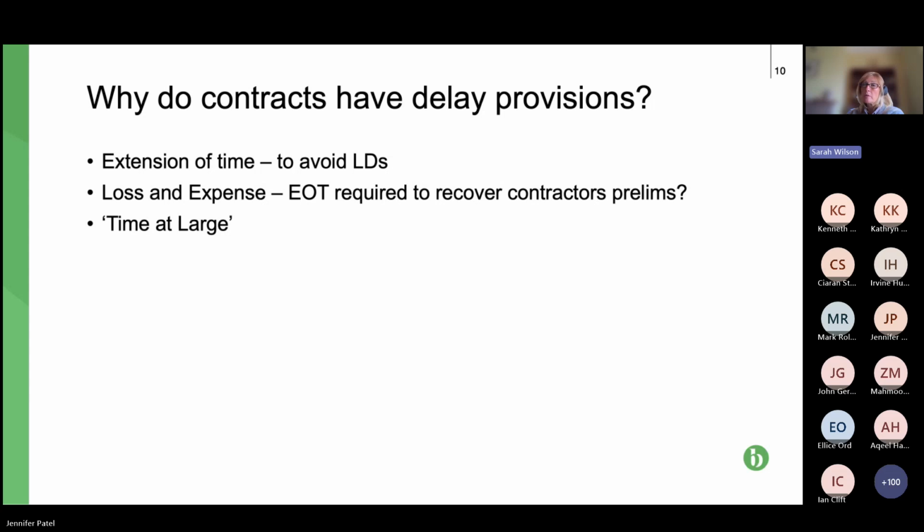It's a lose-lose, because the contractor is on site longer than it budgeted for, and also the paying party isn't able to use the facility and is probably suffering some losses somewhere down the line, because it's got to rent premises or make contingencies. So that's fundamentally why delay is so important in construction. So if we can move on to the next slide, please.